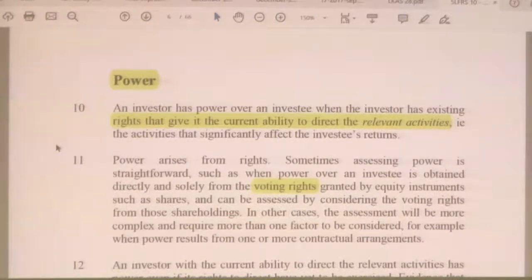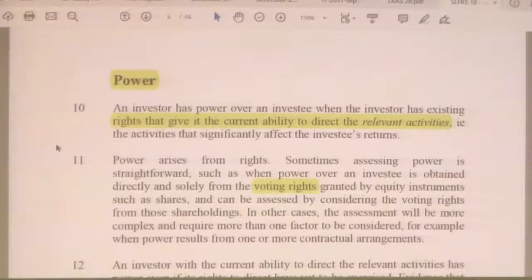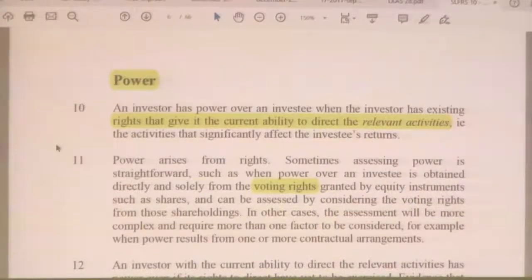Paragraphs 10 to 14. An investor has power over an investee when the investor has existing rights that give it the current ability to direct the relevant activities. Ability to direct relevant activities, right? Here, if you read paragraph 11, power arises from rights, right?